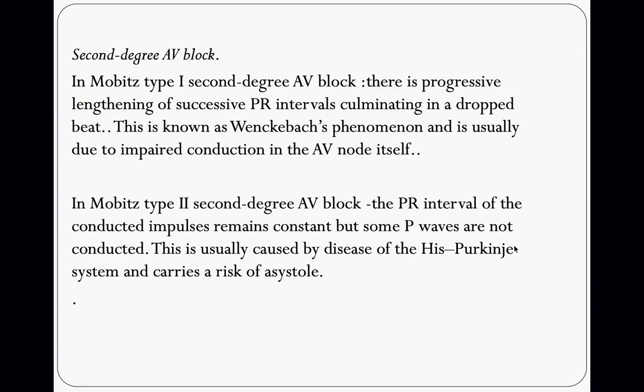And this type of arrhythmia is a benign arrhythmia and cannot degenerate to complete heart block. While in Mobitz type 2 second degree AV block, the PR interval of the conducting impulse remains constant, but some P waves are not conducted. يعني أكو dropped beat or missed beat. This is usually caused by disease of the His-Purkinje system and carries a higher risk of asystole and complete heart block and should be treated.